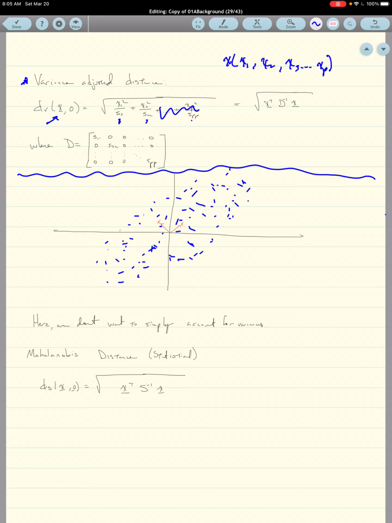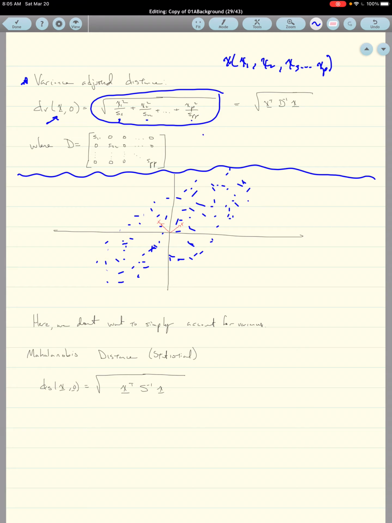And so when we plug in the point along the vertical axis, we would get a smaller value than when we plug in the point for the horizontal axis. Now, we can actually compute this same thing. So this distance hopefully makes some sense. We're just accounting for the variance of the points that we're seeing.